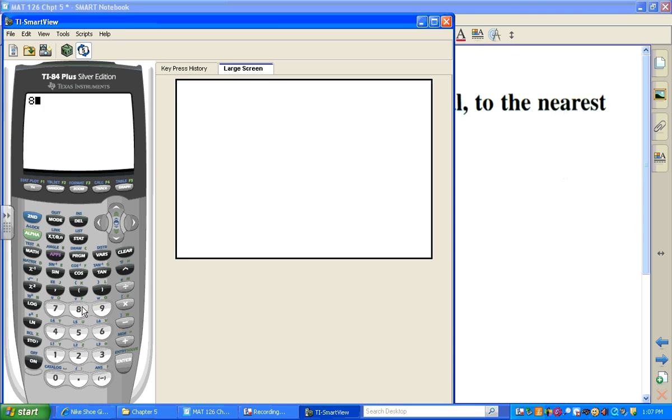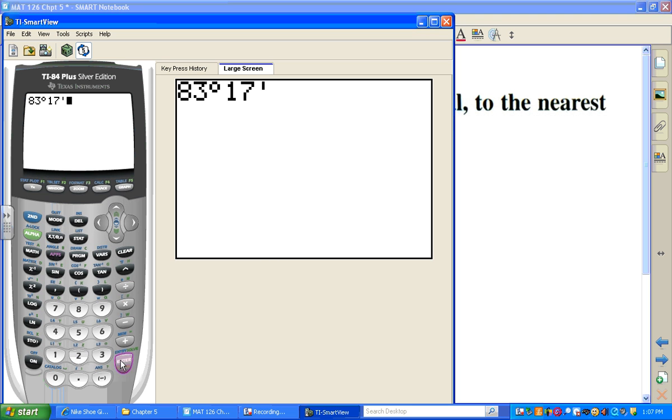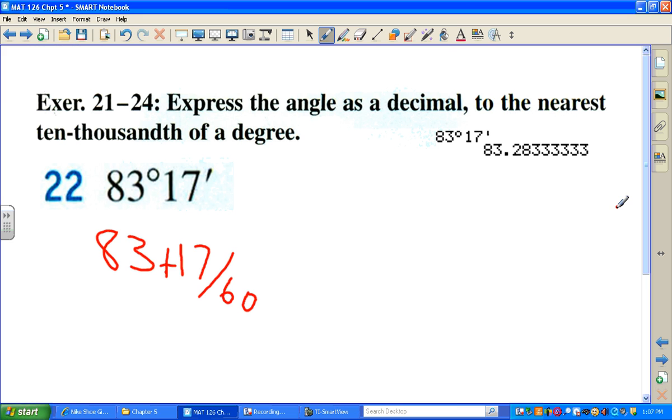Clear. 83 second angle degrees, 17 minutes, second angle minutes. Press enter. 83.283 degrees. Okay? Moving on, that's what that means.